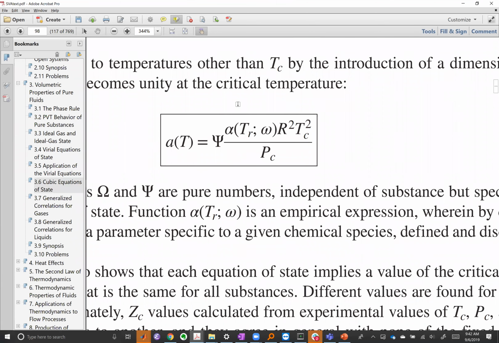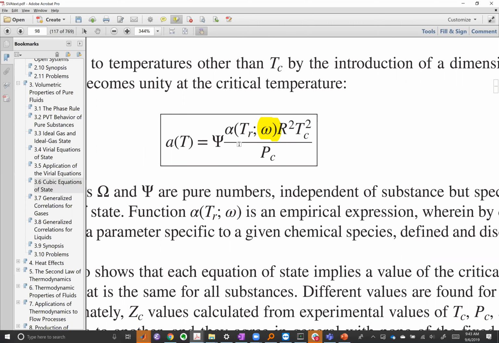And it doesn't work perfectly, though. And so there's this omega factor that Pitzer and coworkers introduced a number of decades ago. It's called the acentric factor, and it's also called the Pitzer acentric factor. It's an additional property, and the text explains how it's defined and how it's measured.